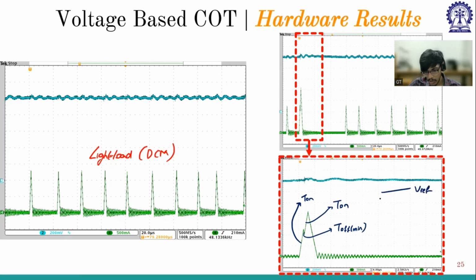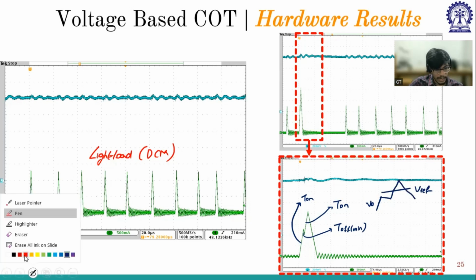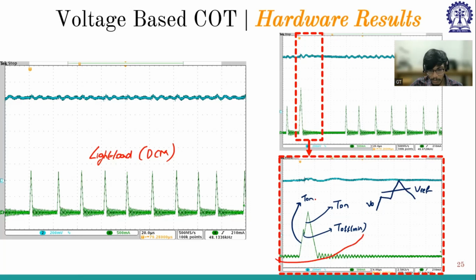During on time, it has increased, but after this first on time, the V out is still lesser than V reference. So forcefully after minimum off time, we are turning it on again. Now it has crossed, so again it has turned off. So this is one case where minimum off time has been observed.